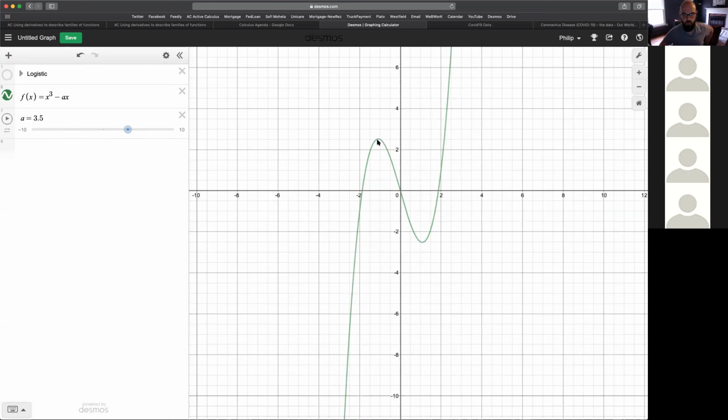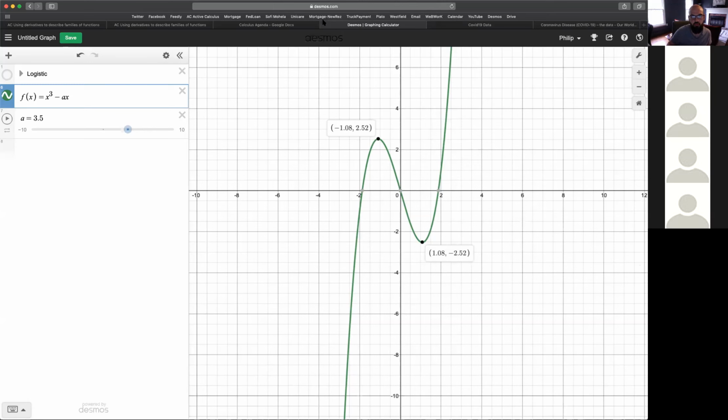What a formula for this local max and this local min is when a is positive? Did anybody find a formula for it? Okay.